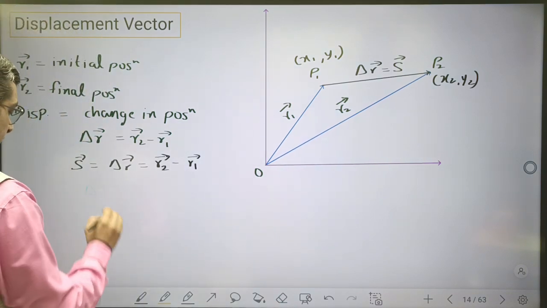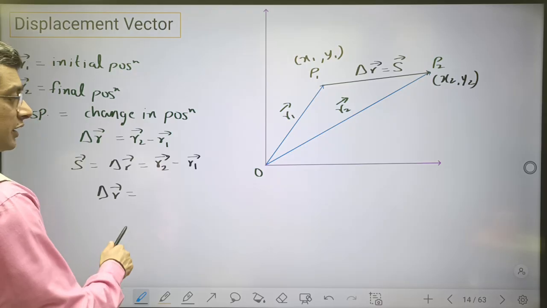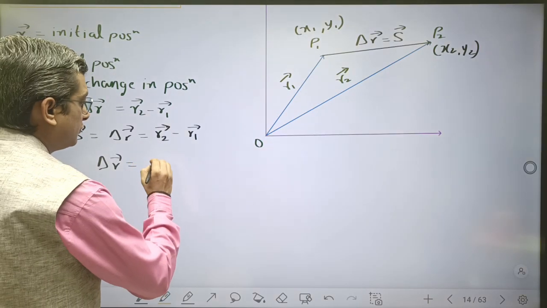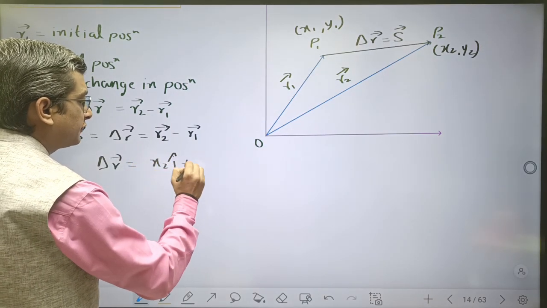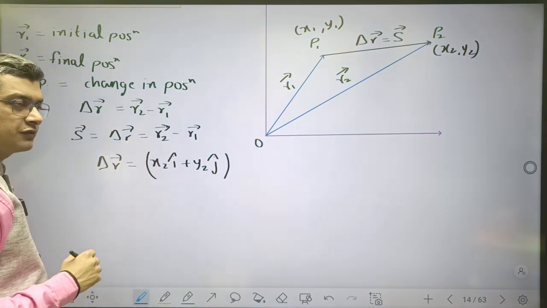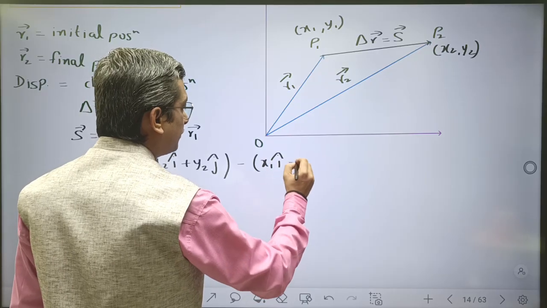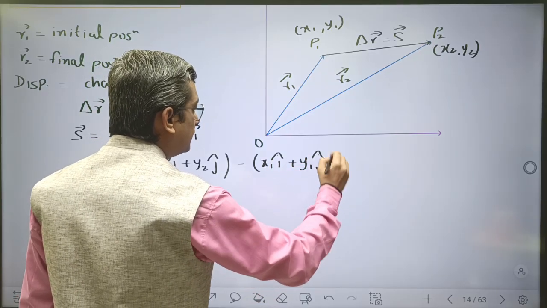So delta r will be given by x2 I cap plus y2 j cap. So we have written the position vector, that is the final position vector of the particle, minus the initial position vector x1 I cap plus y1 j cap.